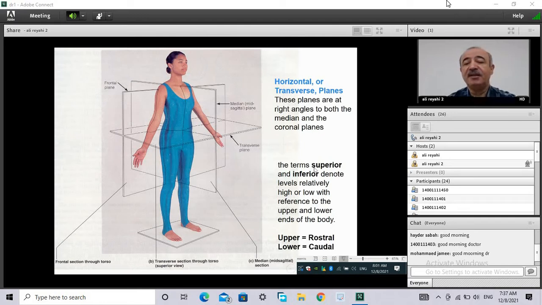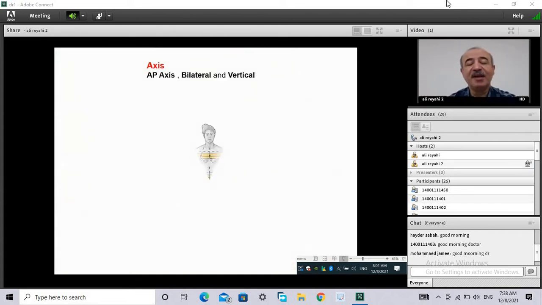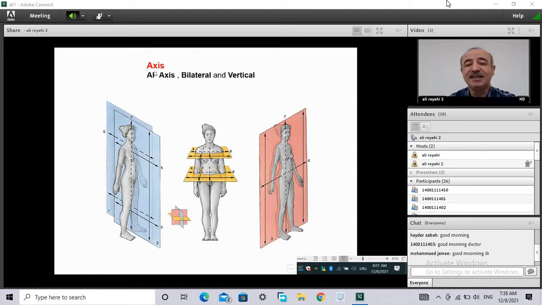And if you remember, there are two terms, superior and inferior. Superior indicates the structures that lie above the transverse plane, and inferior describes the points of the body that lie below the transverse plane. In the previous lecture I talked about this, and I also described the axes that pass through the body.